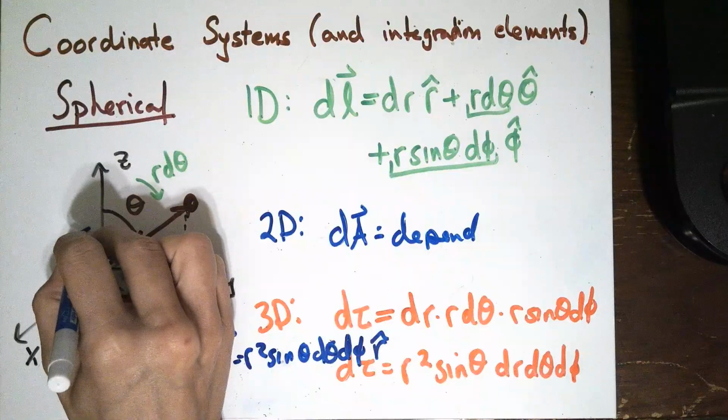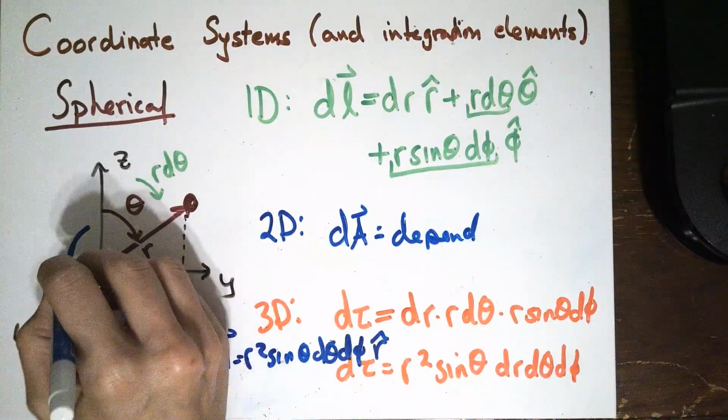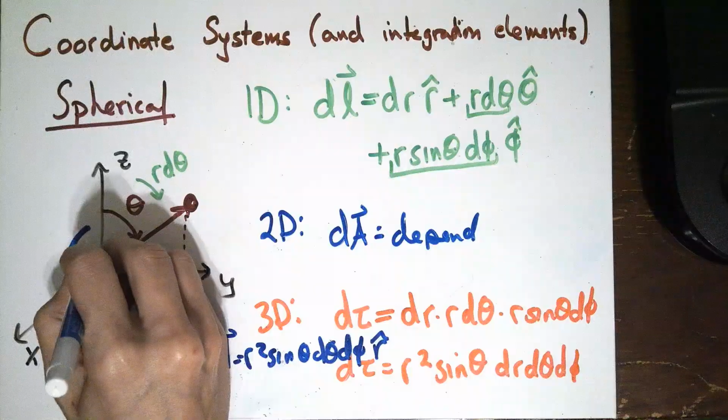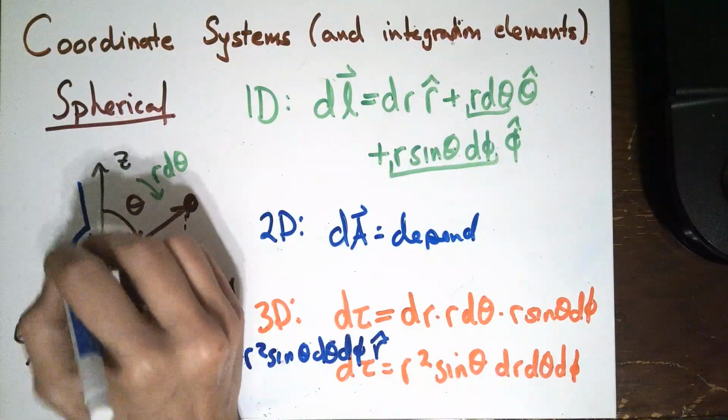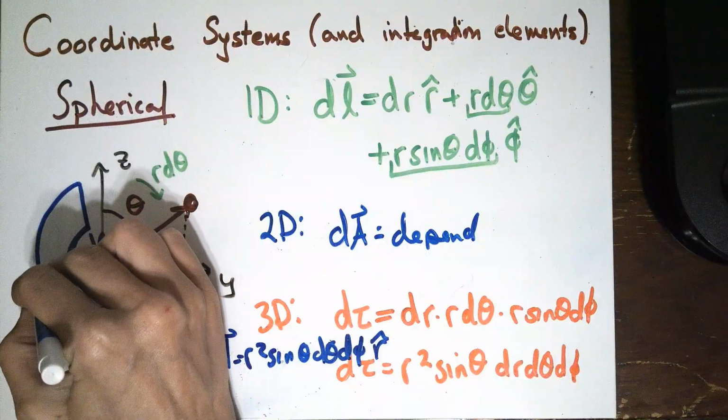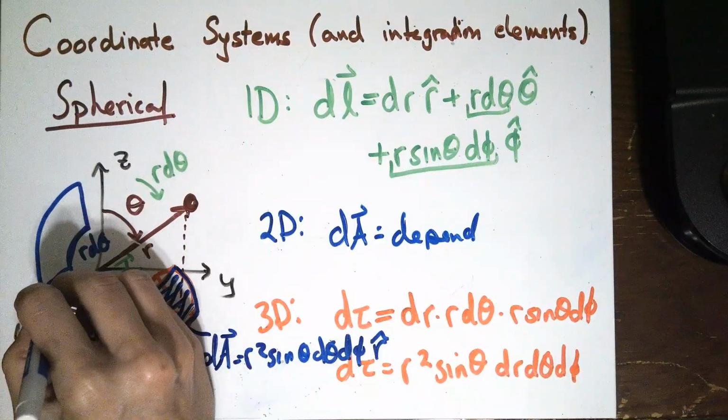Maybe we do an arc over here, where we're doing an arc in theta, so this would be r d theta, that side of the area. We'd stretch out on the radius, so we'd get kind of this fan shape.